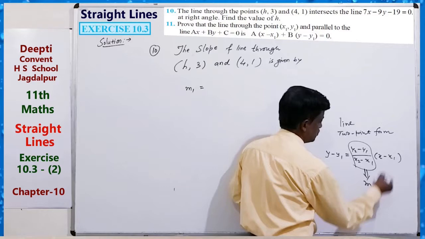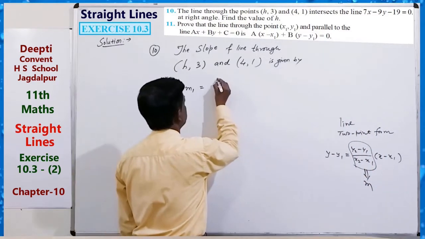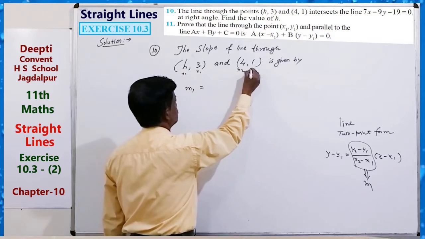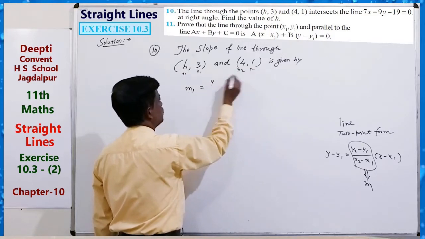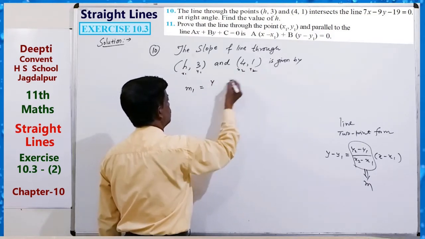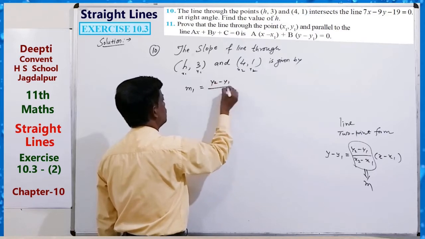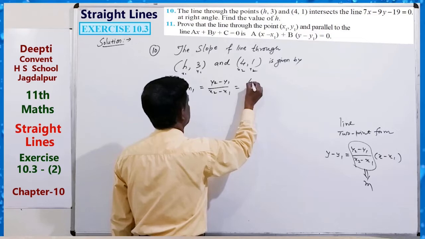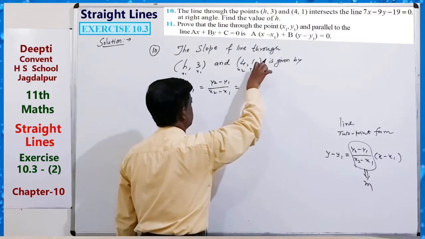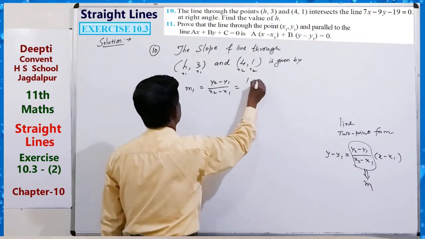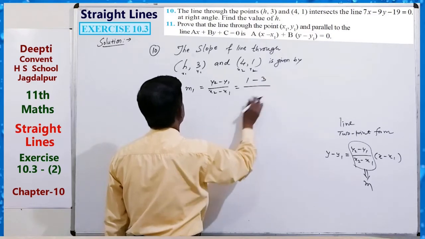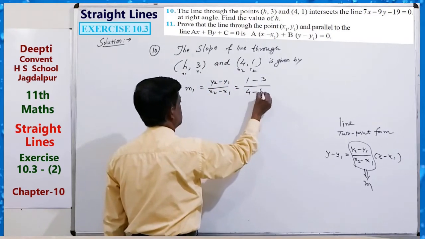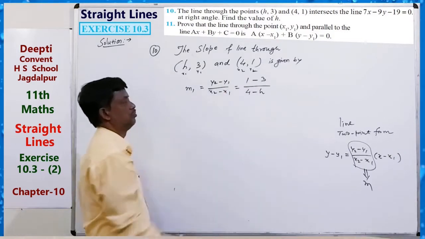This is x1, this is y1, this is x2, this is y2. So y2 minus y1 upon x2 minus x1 equals 1 minus 3 upon 4 minus h. So this is the slope.